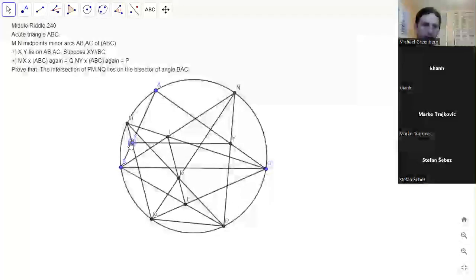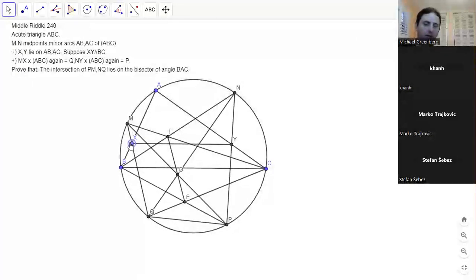So I stays fixed as X and Y move, P and Q move. I want to show this lies on a bisector. What's that equivalent to? Is there like a degenerate form of Pascal?